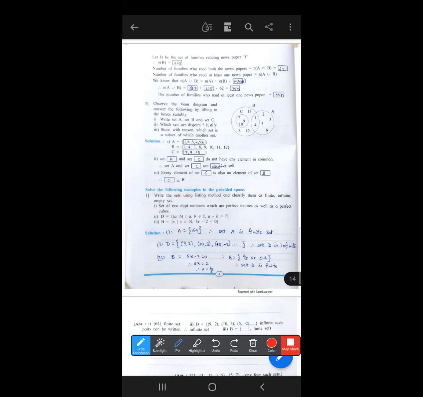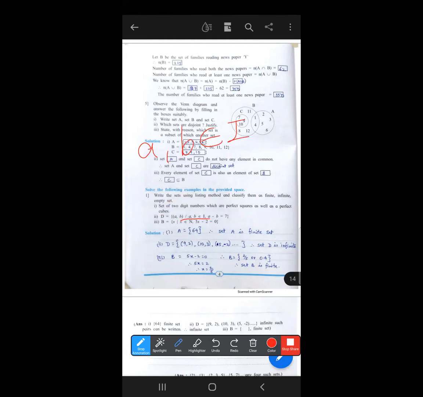Then the second sub question. D, the name of the set is what? D equals A comma B, such that A and B belong to the integers. The condition is given. Now integer means what?